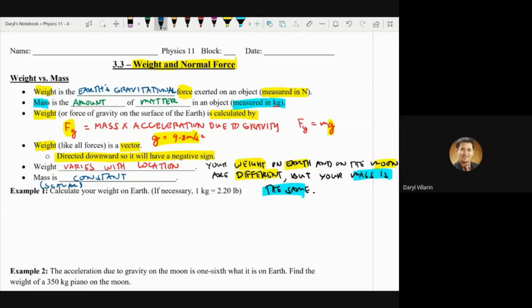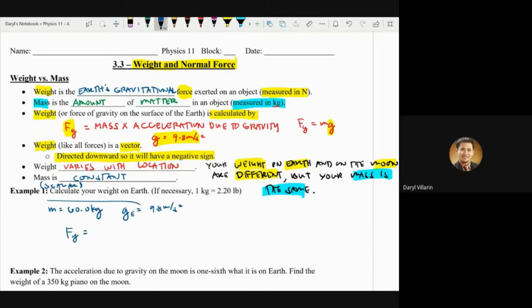Okay, so let's calculate your weight on Earth. For example, myself, I'm maybe around 60 kilograms. So if my mass is around 60.0 kilograms, g on Earth would be 9.8 meters per second squared.